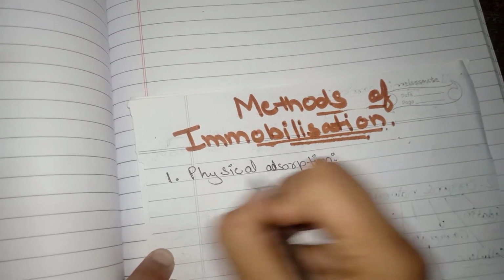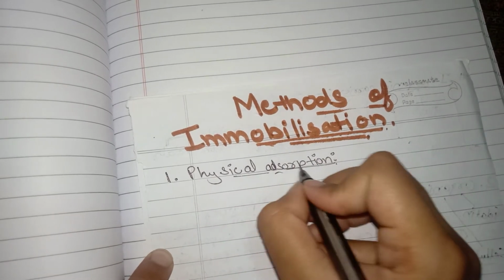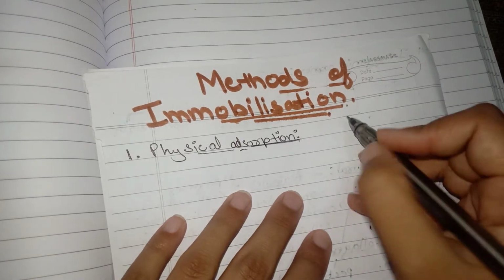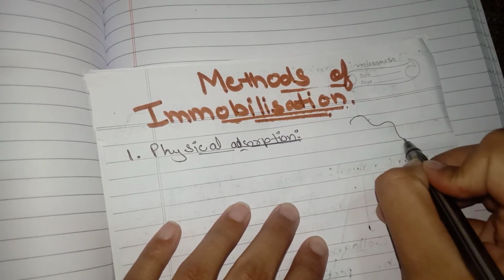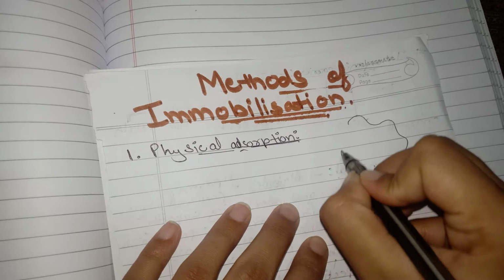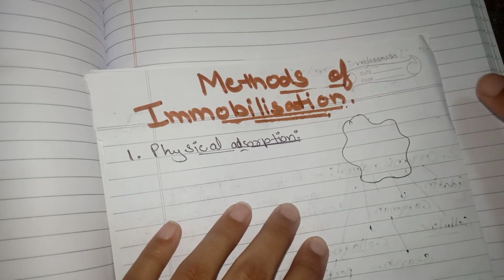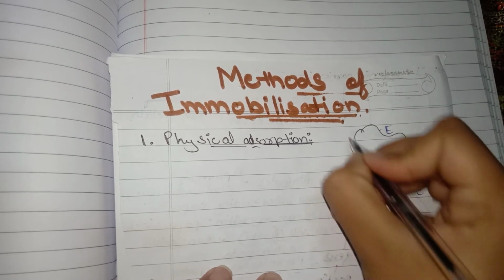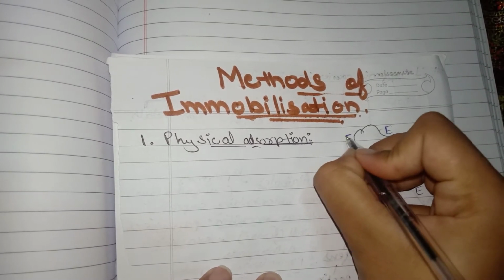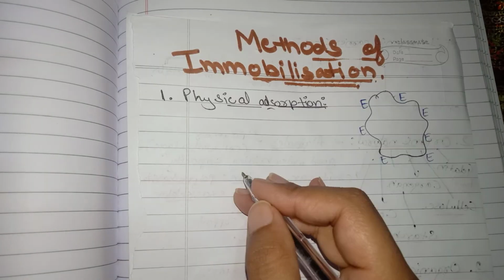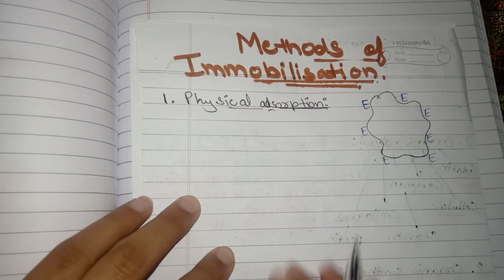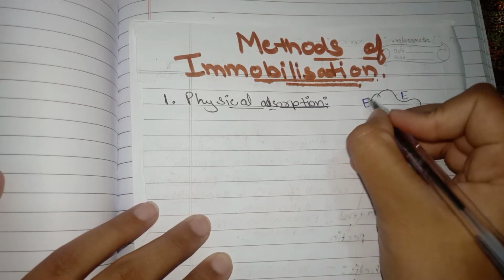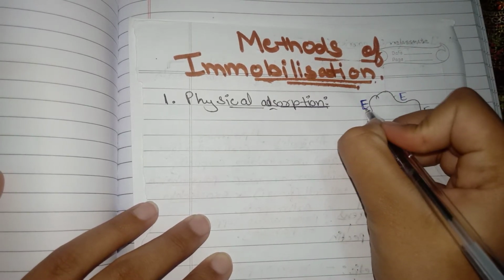In this method, our enzyme is being adsorbed on the surface of our substrate. It is the oldest and simplest method of immobilization. In this, enzymes are being adsorbed on the surface.